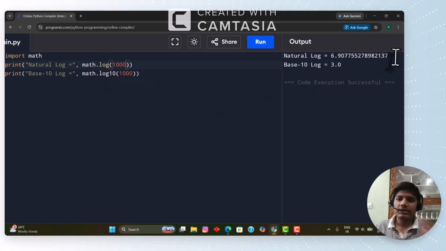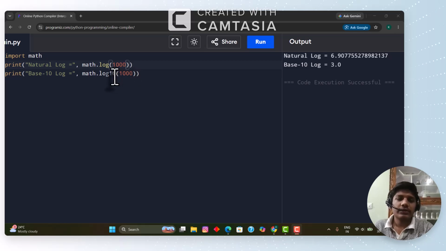This is 6.9077. This is 3. This is log to the base 10 of 1000. So we cannot write 10 as a subscript here, so that is the reason we write log10 with brackets 1000.